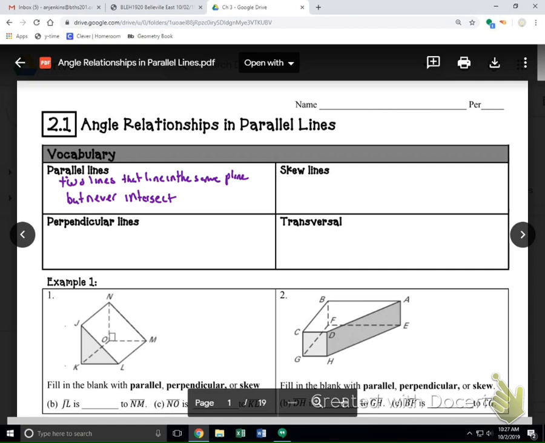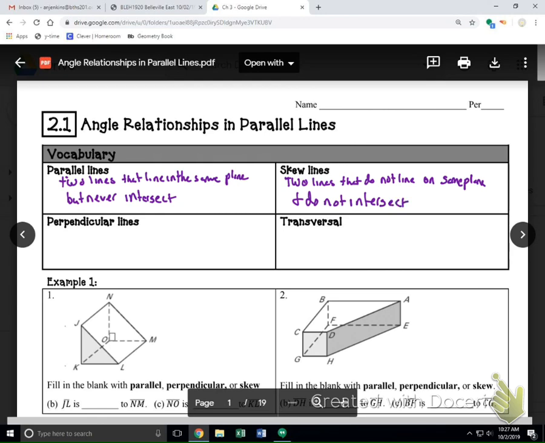Okay, Yusuf? Two lines that do not lie on the same plane. Two lines that do not lie on the same plane and do not intersect.